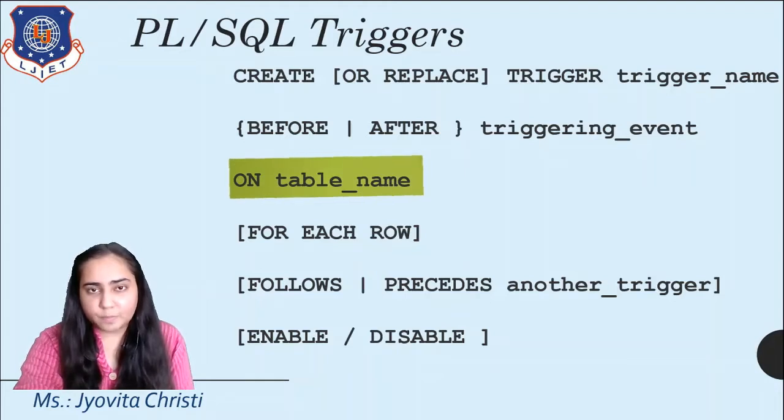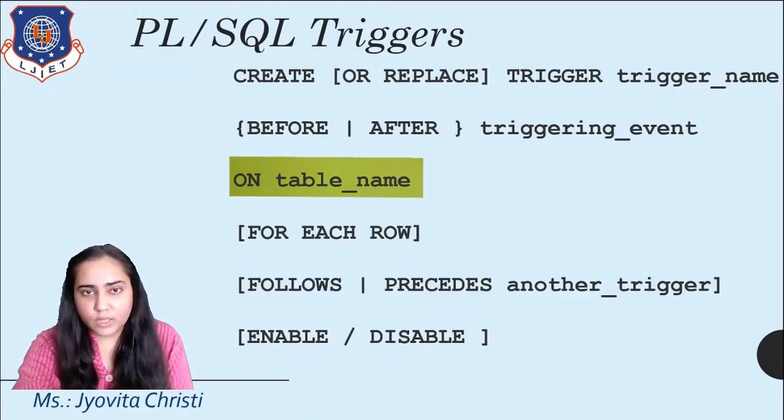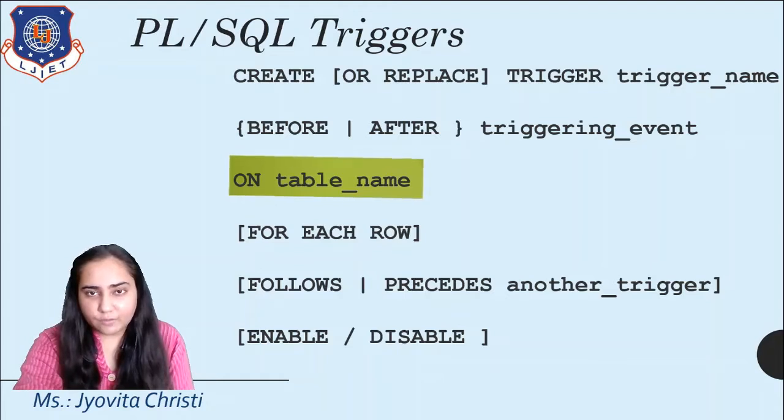So this is the place where you will specify on which table exactly this event is taking place. You don't want to perform the trigger on every type of table in which insert takes place. You might want to do it on a certain type of table. So you will mention that if insert takes place on this table, then I want my trigger to execute.